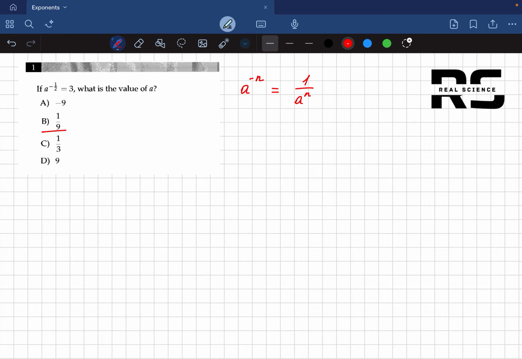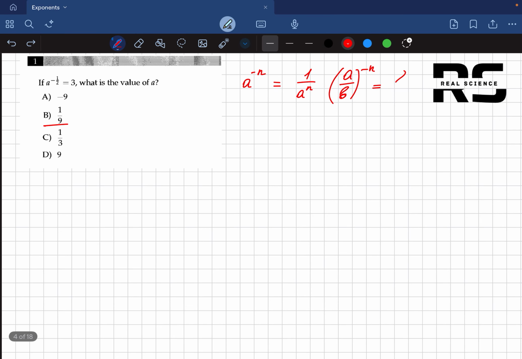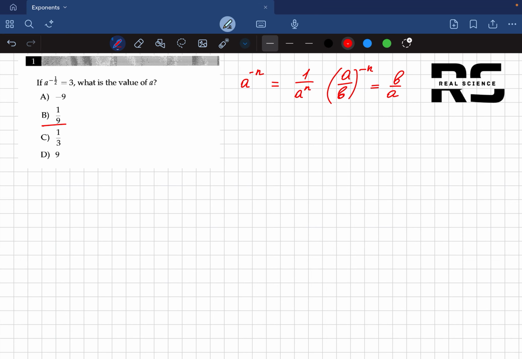So basically what happens is that if you raise to the negative power, we just switch the places of numerator and denominator. So if we had a divided by b to the power of minus n, you could rewrite it as b over a to the power of n. This is essentially the same thing.